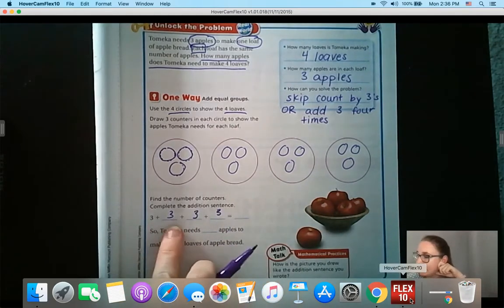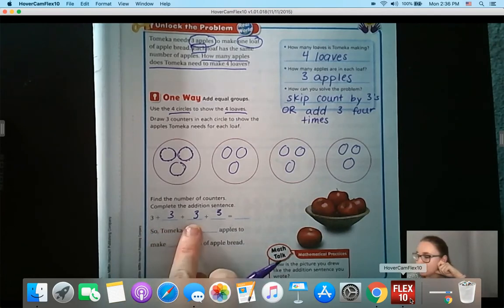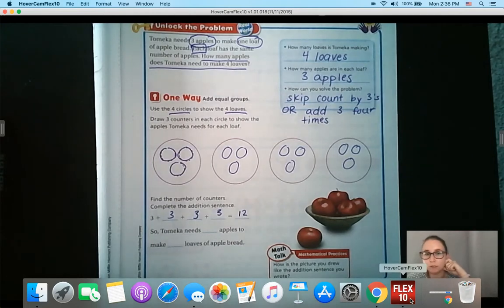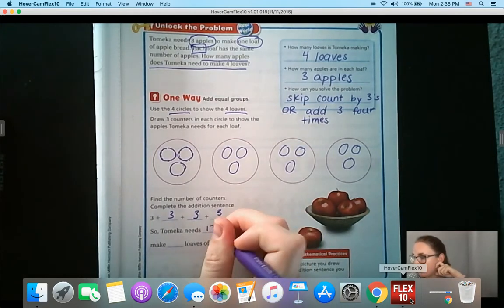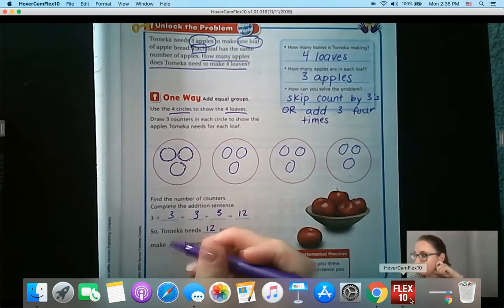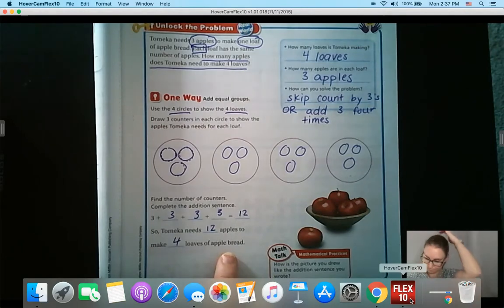If I'm adding all of these, I know 3 plus 3 is 6. 6 plus 3 is 9. 9 plus 3 is 12. Or I can skip count. I can say 3, 6, 9, 12, and it's the same answer. So Tamika needs 12 apples to make how many loaves? 1, 2, 3, 4, based on our groups, to make 4 loaves of apple bread.